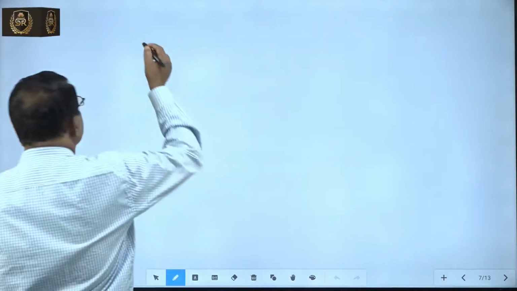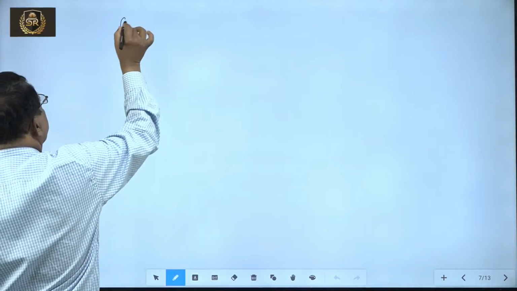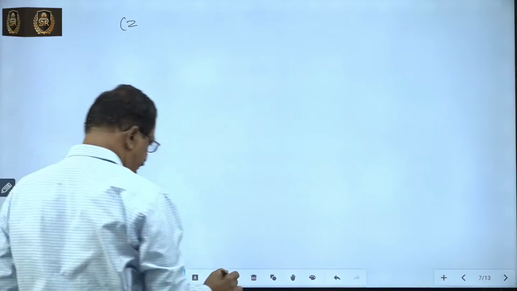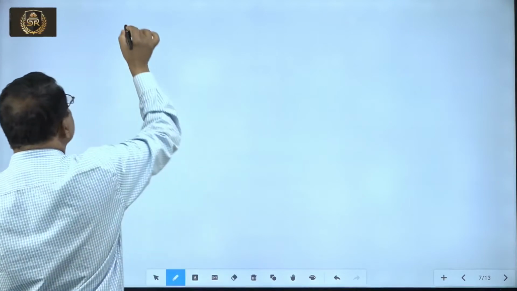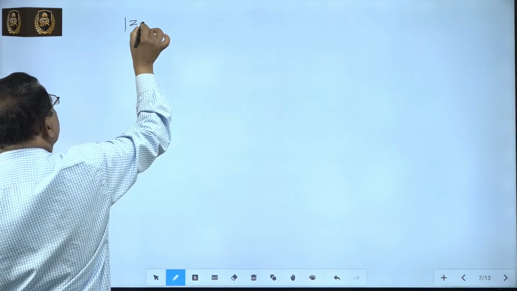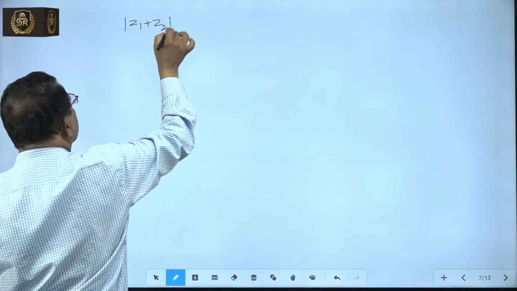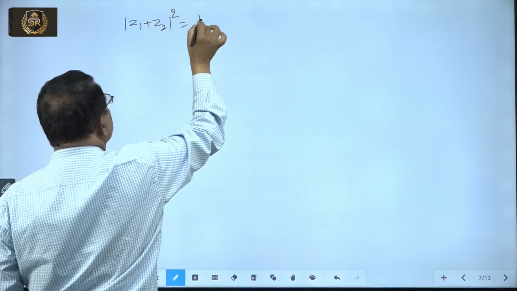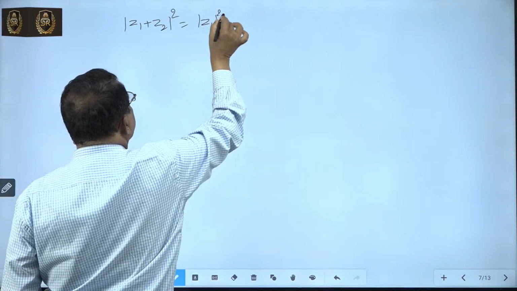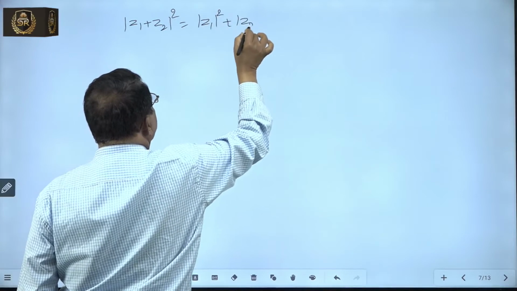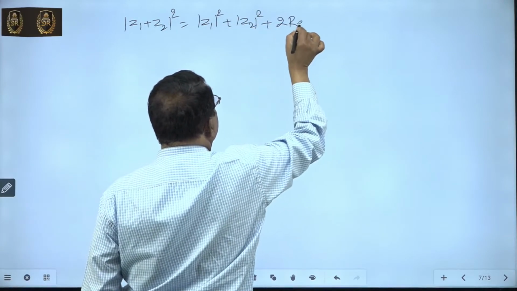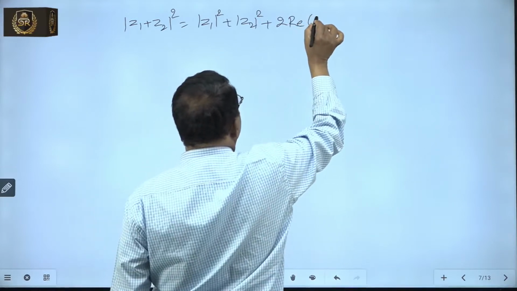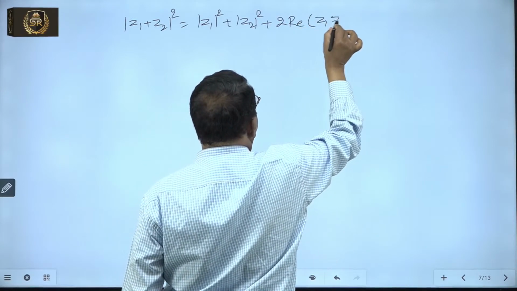Now, in these two conditions, mod of Z1 plus Z2 whole square equals mod Z1 square plus mod Z2 square plus 2 into real part of Z1 Z2 bar.